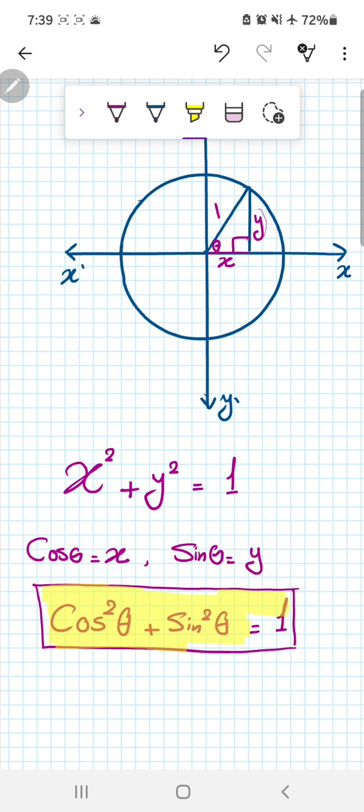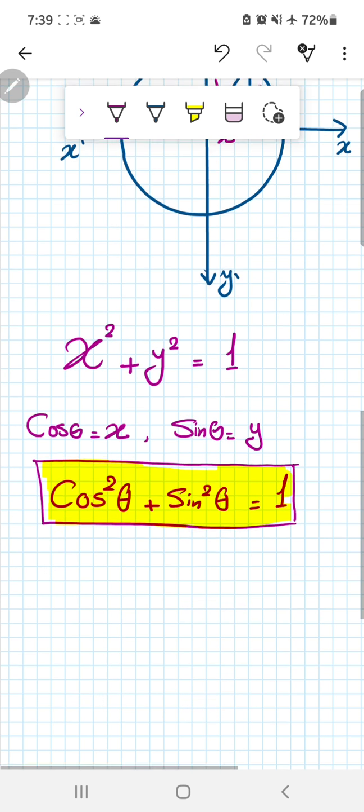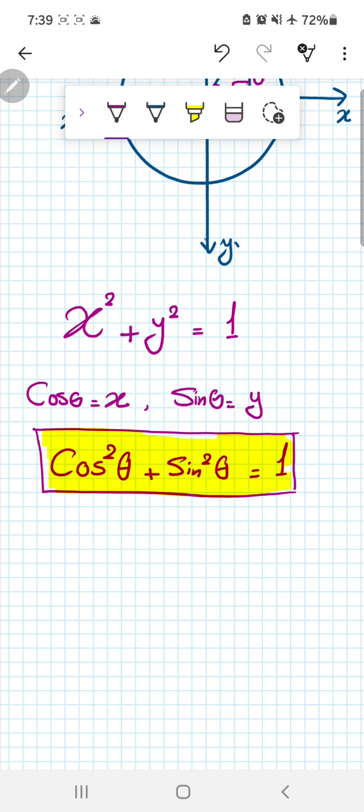From this equation, if we want to get cosine power 2, move sine power 2 to the other side with a negative sign. So cosine power 2 theta will be 1 minus sine power 2 theta.